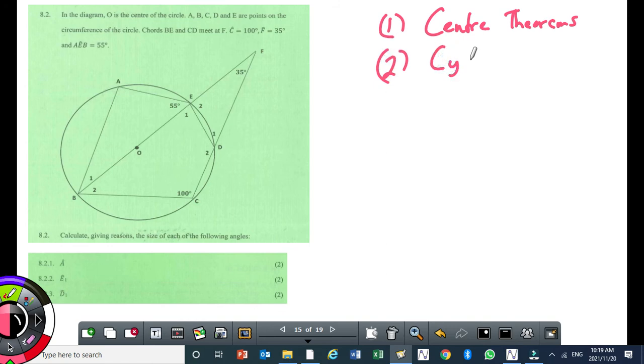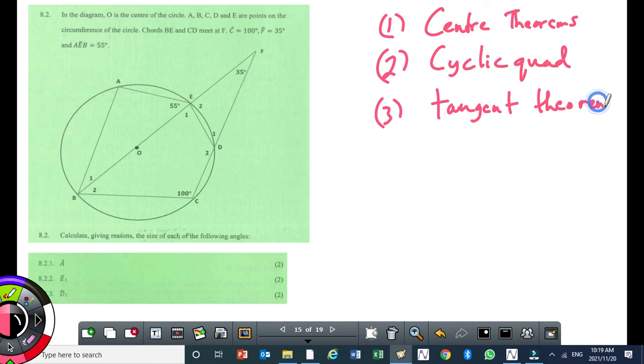Then you've got your cyclic quad theorems. Opposite angles of the cyclic quad are supplementary, that is, they add up to 180. The exterior angle of the cyclic quad is equal to the interior opposite angle. You have to know that. Then your tangent theorems: tangents drawn from a common point are equal.